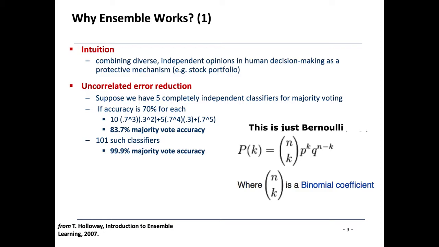For this particular case, where the accuracy of each recommender or classifier is 70%, we would need 101 independent classifiers. So this is a reasonable way of evaluating how we would come up with a number of independent classifiers, and it's often quoted as the reason why we use ensembles.